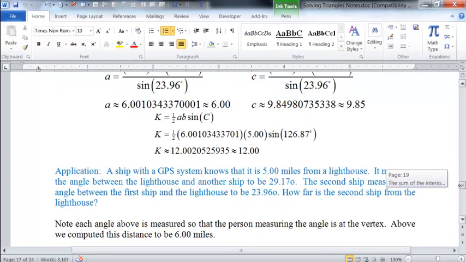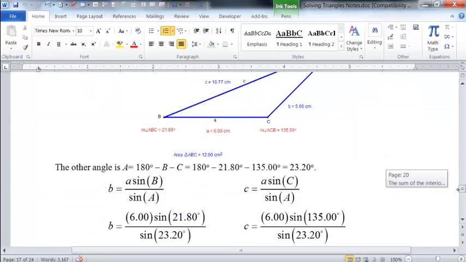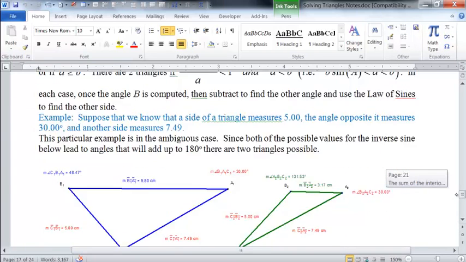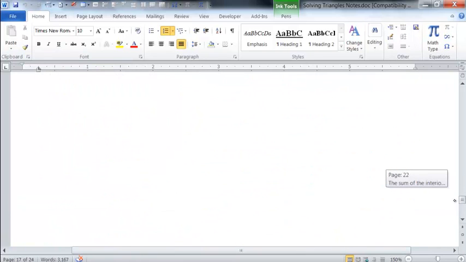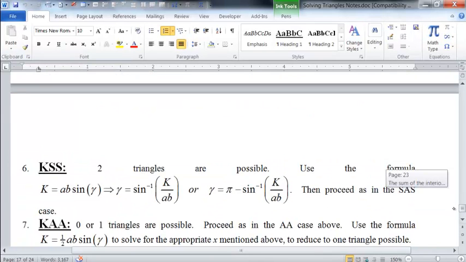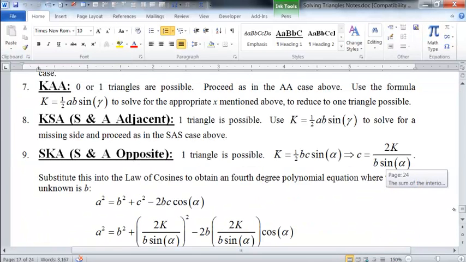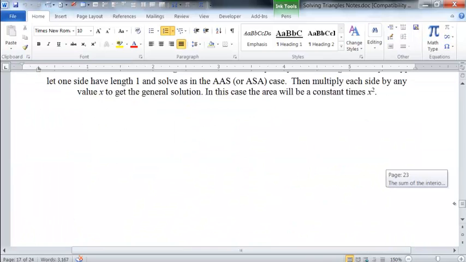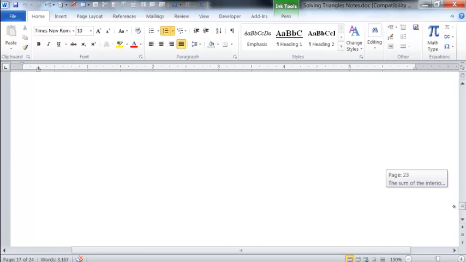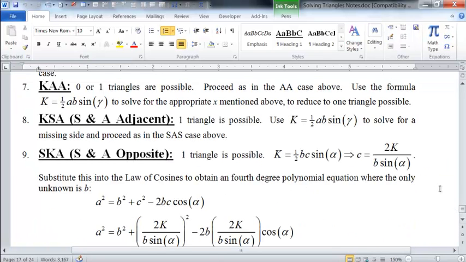And of course you can check your practice problems by going to the Sketchpad sketch and using the model that's right above. This talks you through it without going through the details. It does talk about what you can do in these other cases where you know the area and some other information.